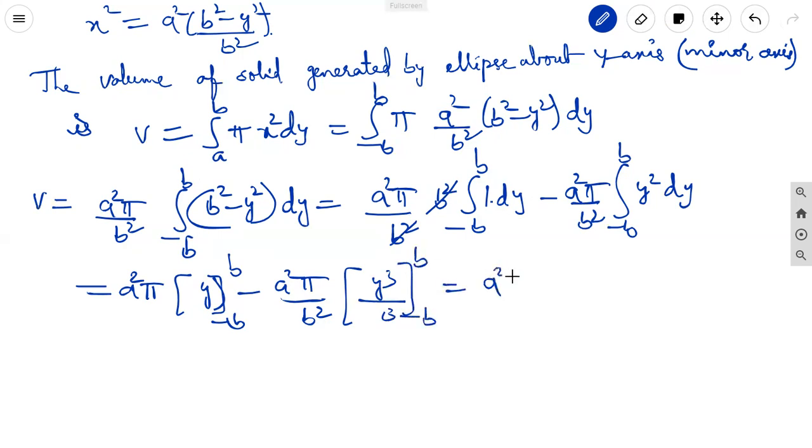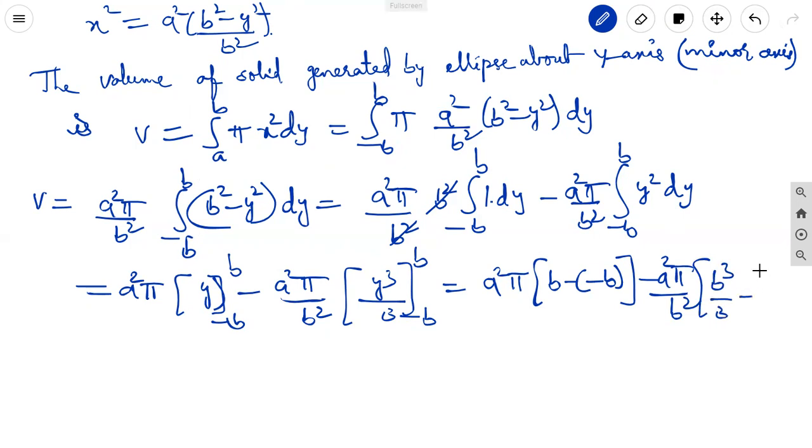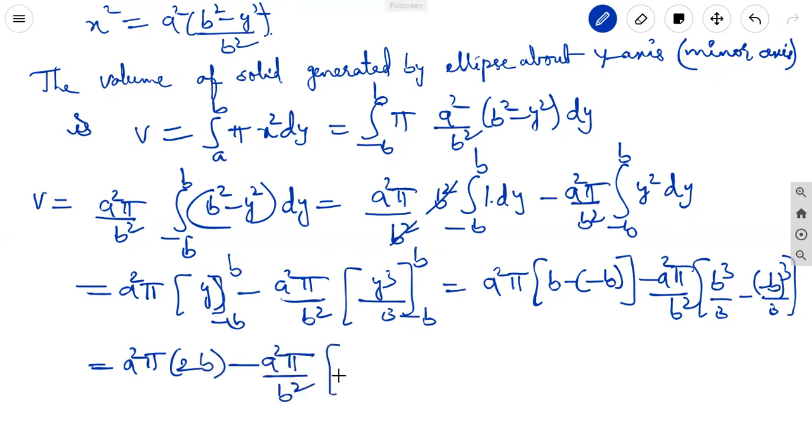It is equal to a squared pi upper limit minus lower limit, b minus of minus b, minus a squared pi by b squared into upper limit b cubed by 3 minus lower limit minus b whole cubed by 3. It is equal to a squared pi, b minus of minus plus b, that is 2b, minus a squared pi by b squared, b cubed by 3 minus into minus plus b cubed by 3, taking LCM, 3 is the LCM, b cubed plus b cubed, 2b cubed.